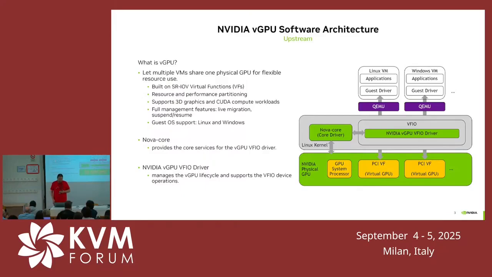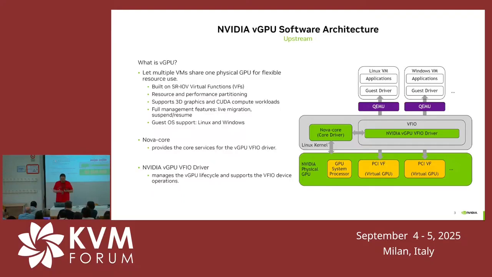So first, what is a vGPU? Basically, you can share one physical GPU among multiple VMs, so each VM sees that it has a vGPU and can use it as an ordinary GPU. It's built on SR-IOV, with a virtual function for each VM. So it naturally has resource partitioning and performance partitioning.